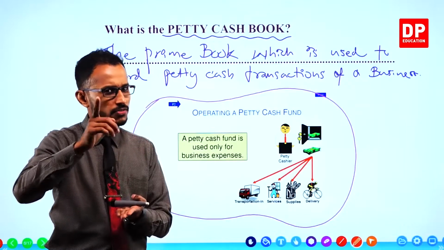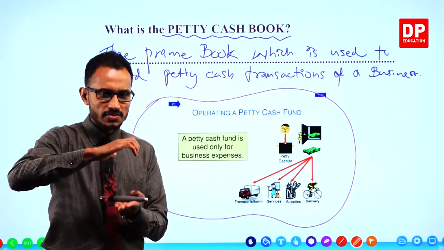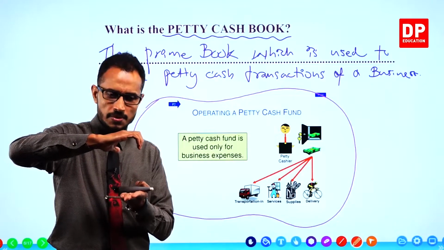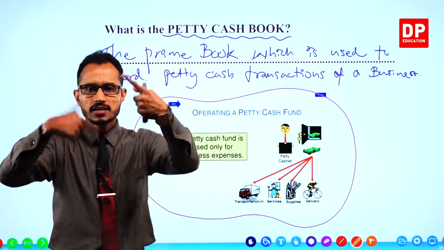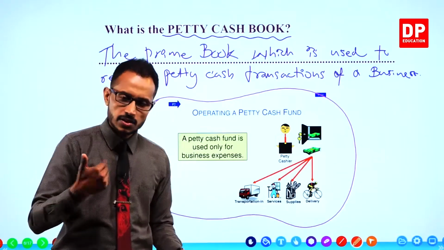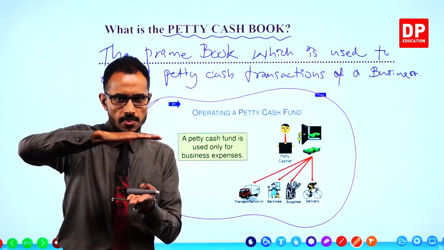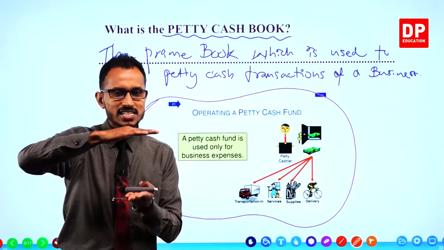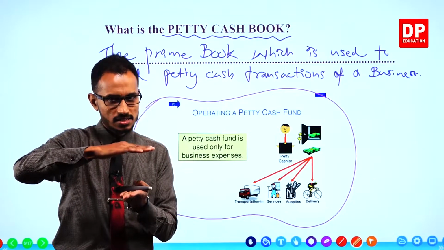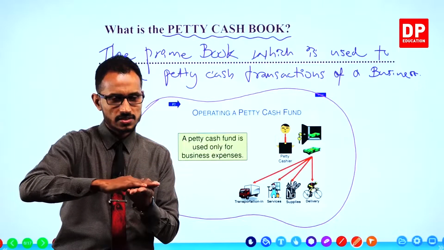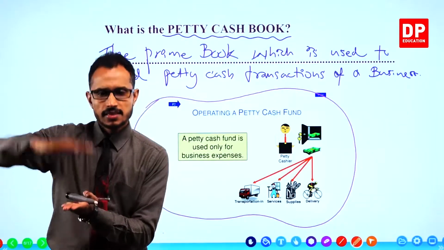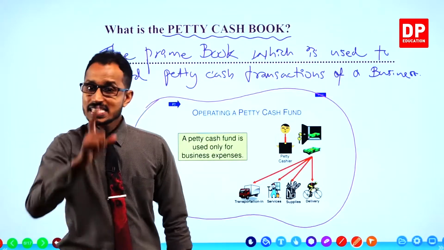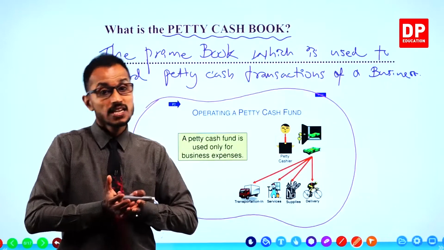At the start of each and every month, this sum of money is refilled, because during the month the fund reduces little by little when the petty cashier pays for the expenses. Next month, again the sum is refilled. This sum or this fund is called the petty cash imprest.